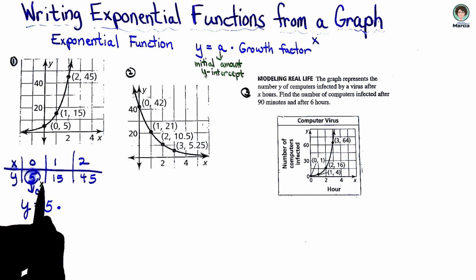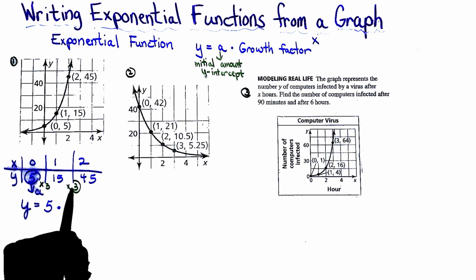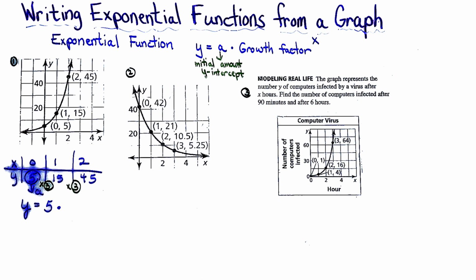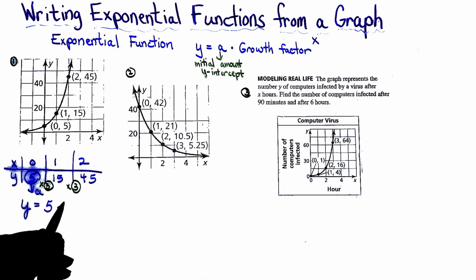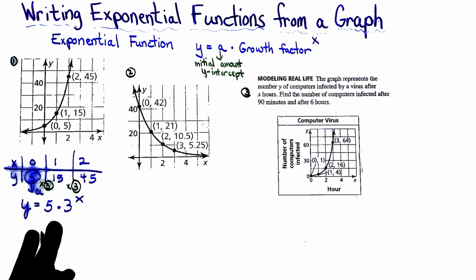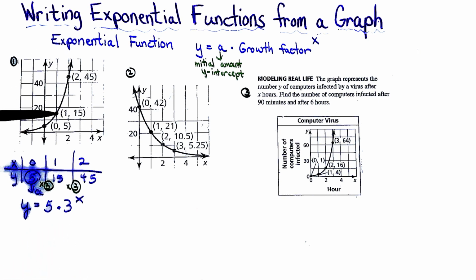Well, I know that 5 times 3 is 15, and 15 times 3 is 45. So this 3 that we got, and you should get it for all of them, actually is your growth factor. So it is a 3 and just to the x power. This is what your exponential function would look like for this graph.